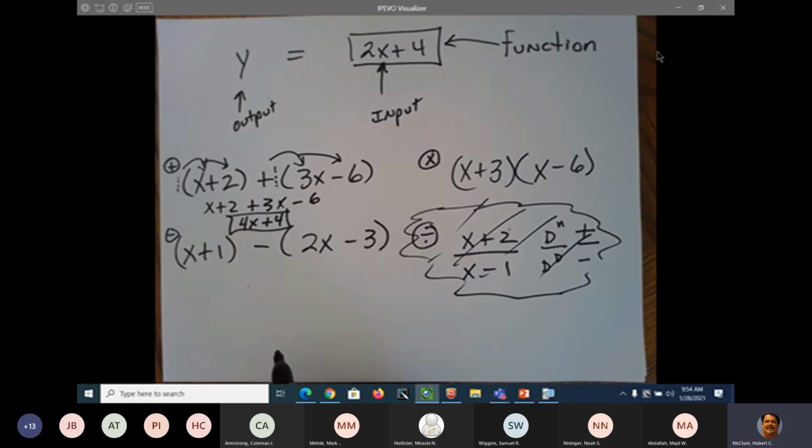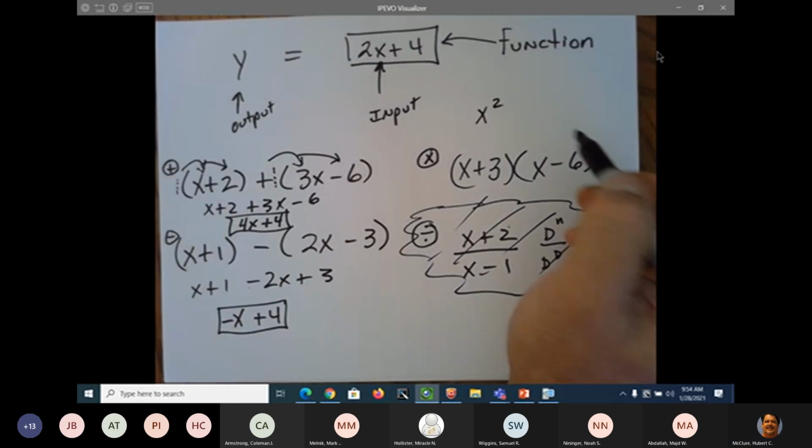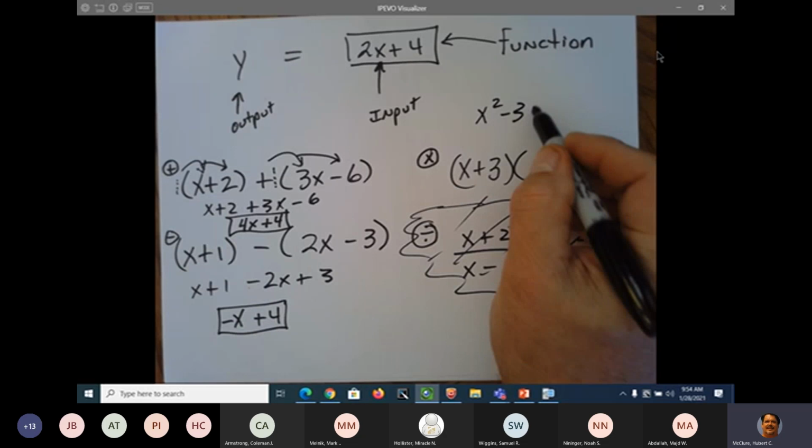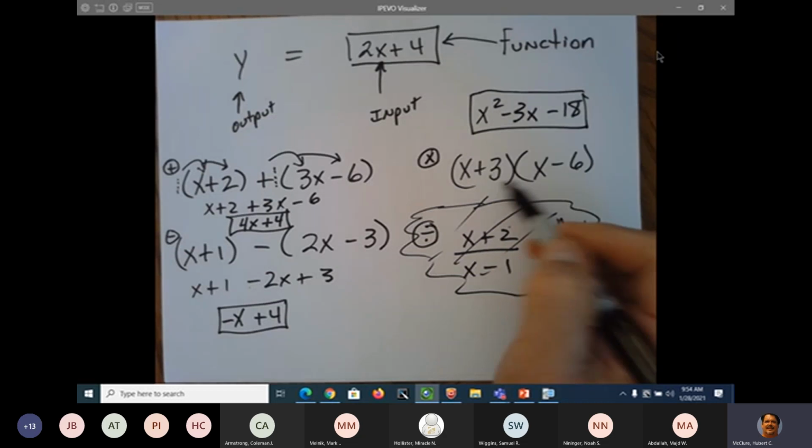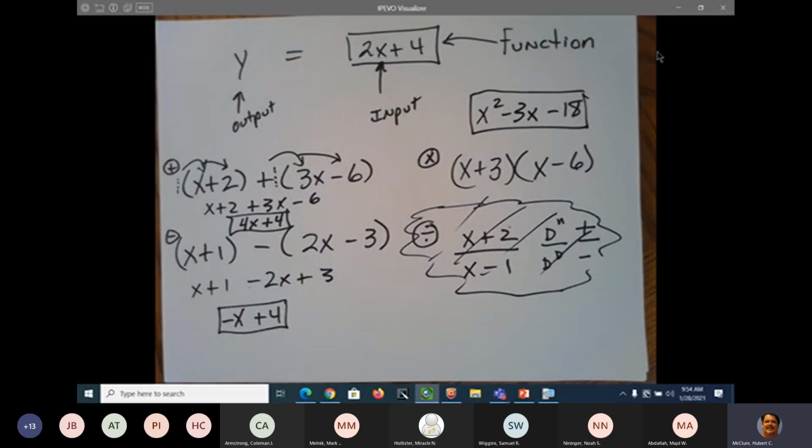And x plus 1 minus 2x plus 3 minus x plus 4. And x squared minus 6x plus 3x is minus 3x minus what, 18? Okay, you have to watch me with 3 times 6. Sometimes with 3 times 6, I'll put 24.